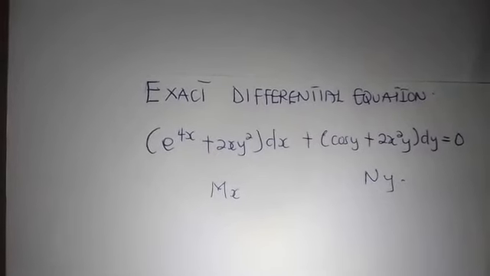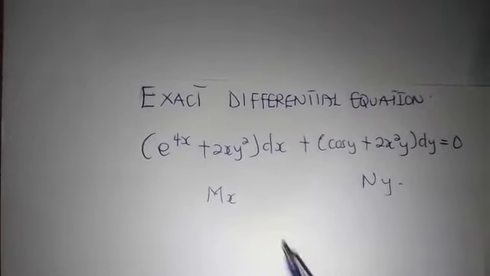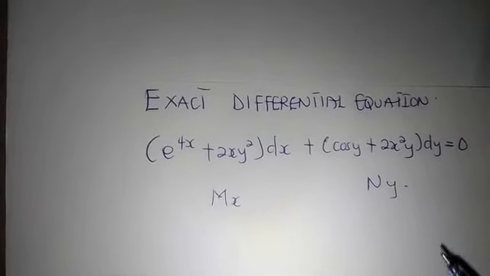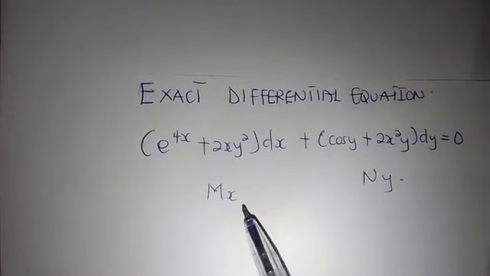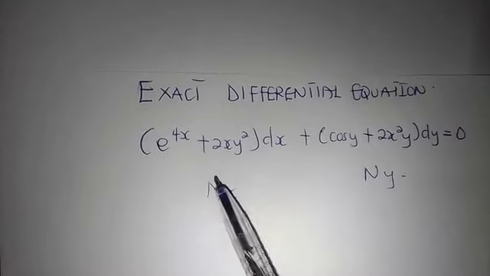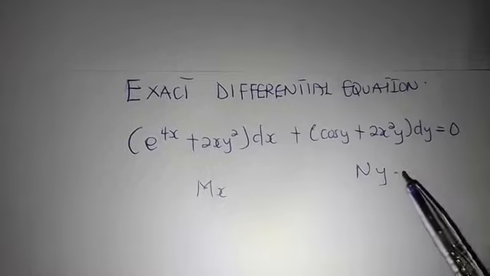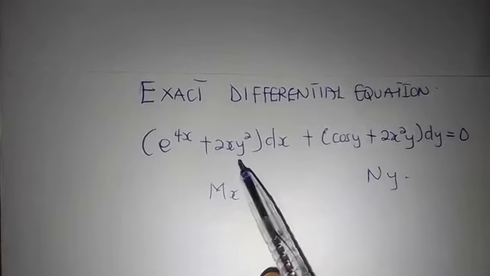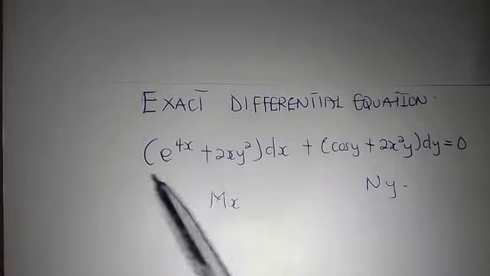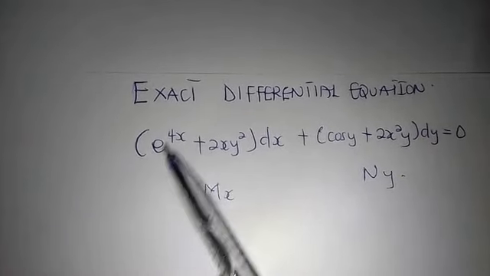To proceed, we have to prove that this equation is indeed an exact differential equation. And how do we do so? We differentiate the dx term with respect to y, and we differentiate the dy term with respect to x. Differentiating e^(4x) with respect to y, the whole thing will be 0 because there is no y term.